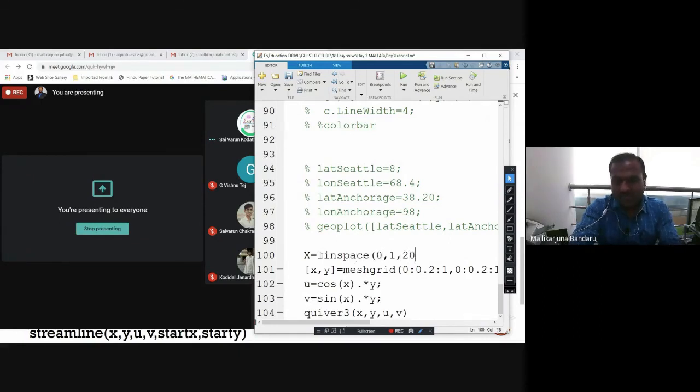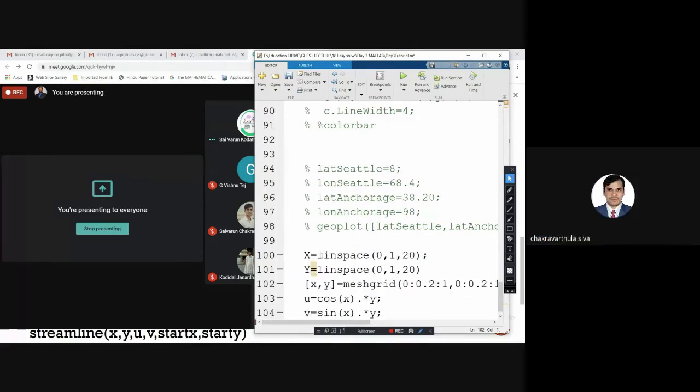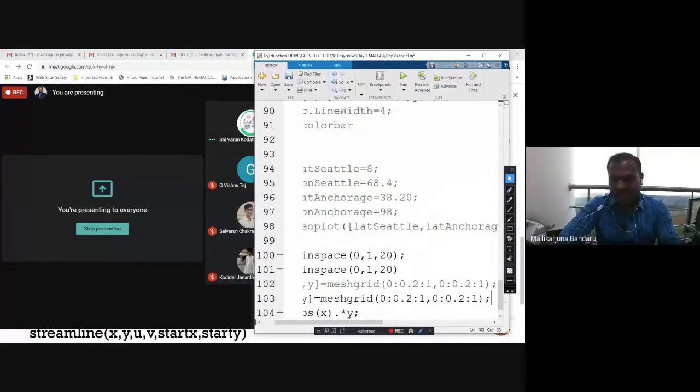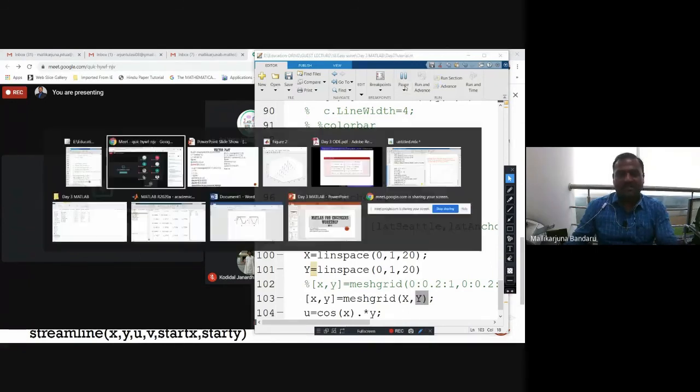Similarly, Y is equal to linspace 0 to 1, 20 points. In place of that, I'll give capital X and capital Y. Capital X is nothing but linspace, and capital Y is nothing but linspace. Simply running will get the same vector form.